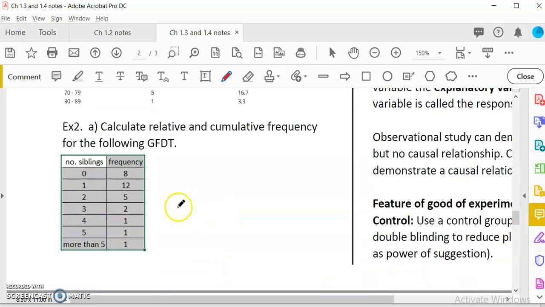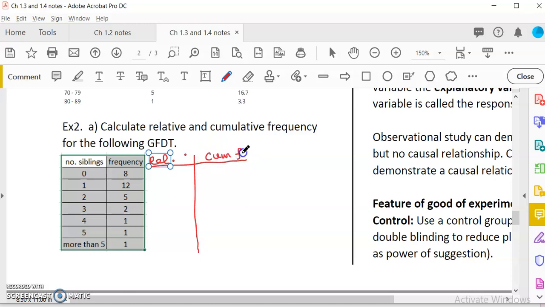Now, we want to practice more on calculating relative frequency and cumulative frequency. Did I do that yet? Oh, not yet. Okay, so we have a table, the sibling table. So we would just need to do a relative frequency. Just put it here. And then I want to do a cumulative frequency.